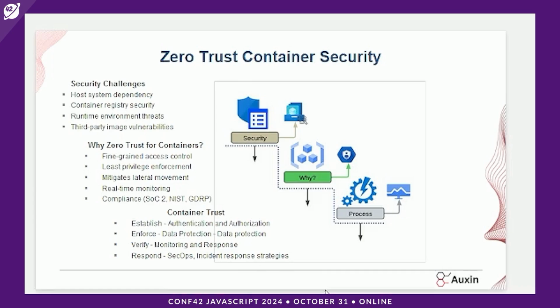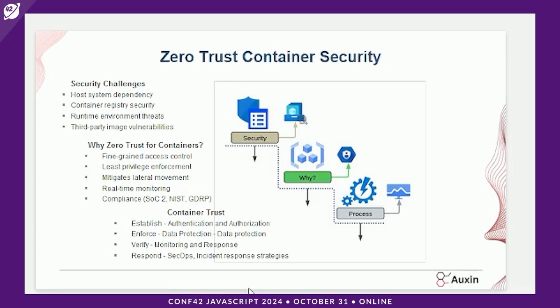It allows for fine-grained access control, ensuring that only authorized users or systems can access the containers. It also enforces the principle of least privilege, meaning that containers are given only the permissions they need.